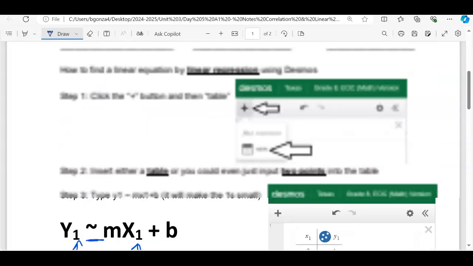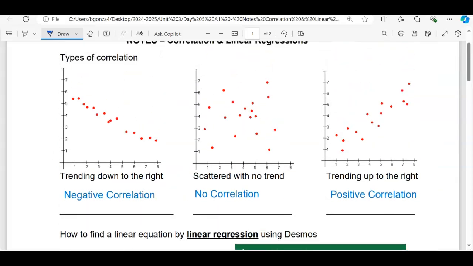So let me bring it back up to those scatter plots. Look, if I drew a line through the middle of these points, like I did my best to kind of split the difference, okay? That would be an example of a line of best fit, because it best fits the information.